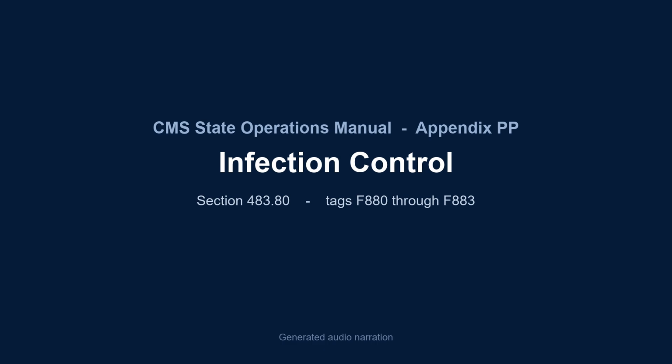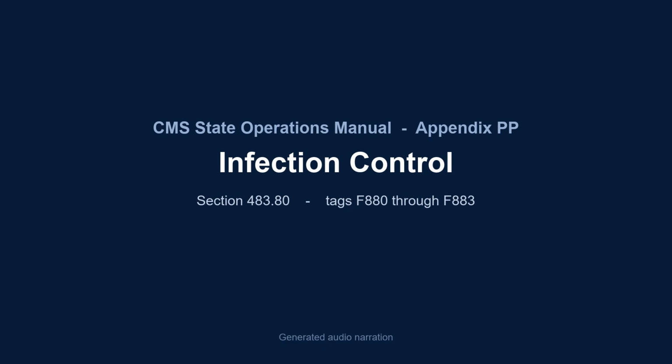Surveyors identified that the IP did not ensure that appropriate control measures, e.g., transmission-based precautions, environmental cleaning and disinfection, and reporting to public health occurred. As a result, several residents became seriously ill with diarrheal illnesses resulting in dehydration.